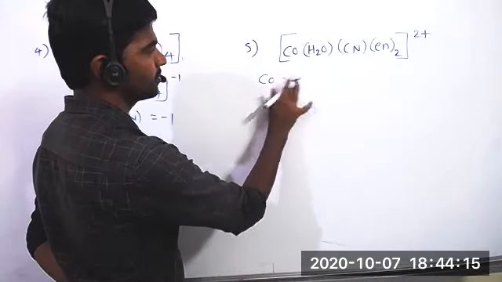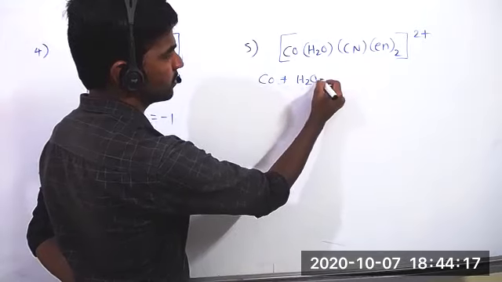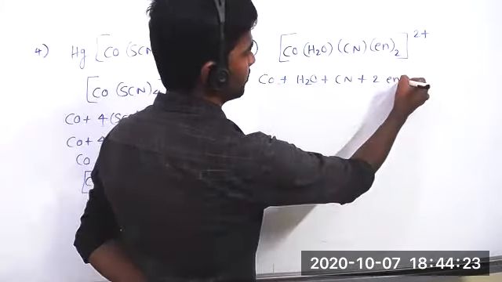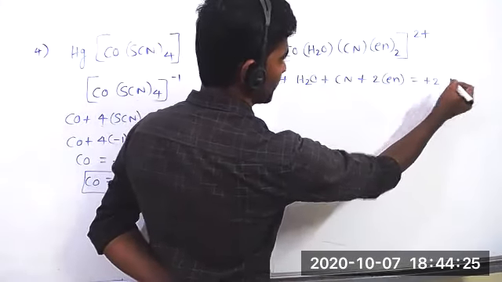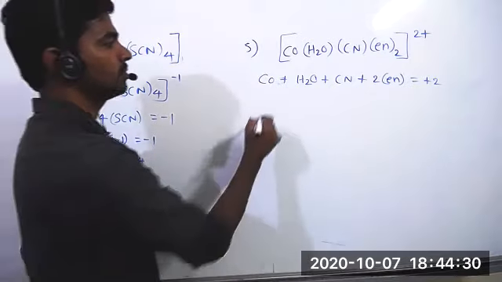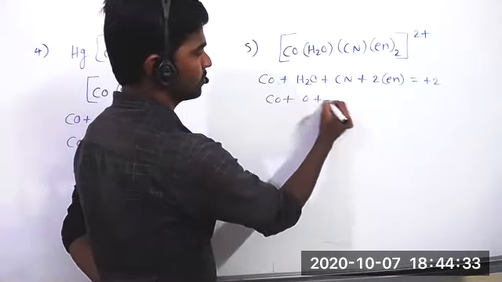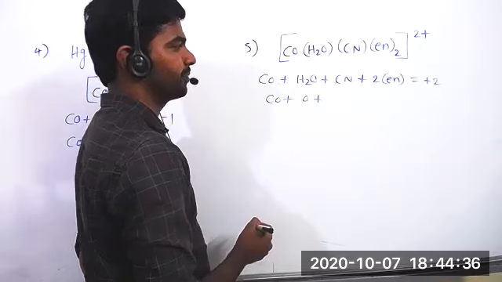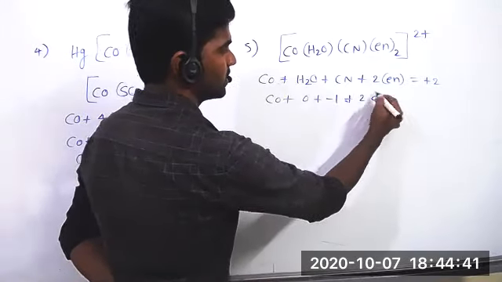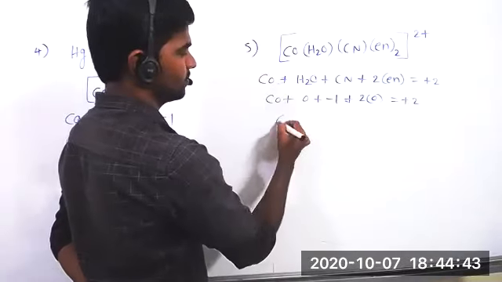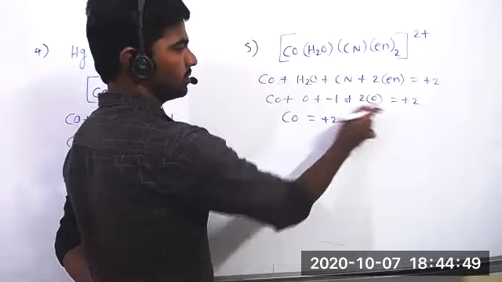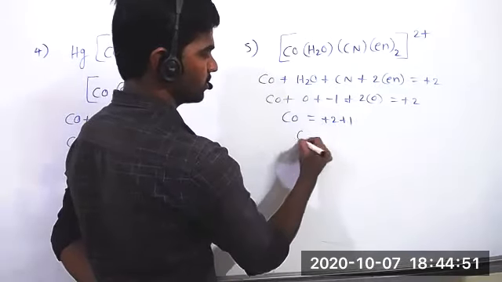Co plus H2O plus CN plus CN plus 2en is equal to +2. Next. H2O is 0. CN is -1. En is 0. Ethylene diamine 0 equal to +2. How much? +2, 1, 0, 0. Yeah, +1. 3. 3.